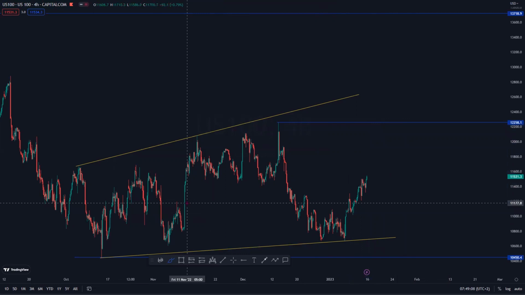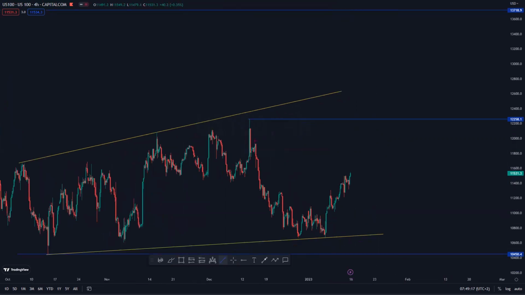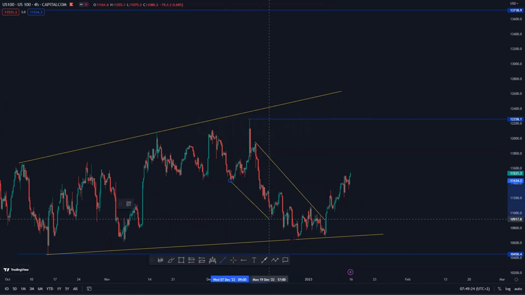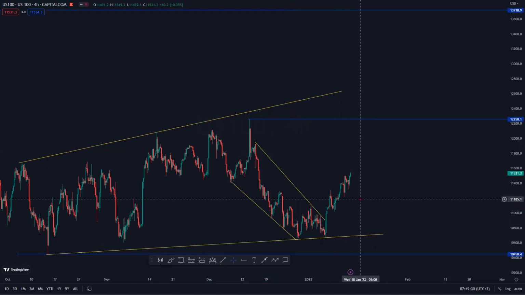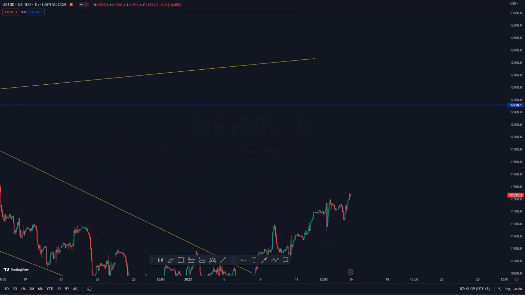So let's go to the 4 hour. We are currently on the 4 hour. Previously we were having a pattern like this before the market shot to the upside. So we are having something like this, and again on Nasdaq, same thing with USDT. I'm not saying they're correlating or something, because I don't want to lie to you guys.